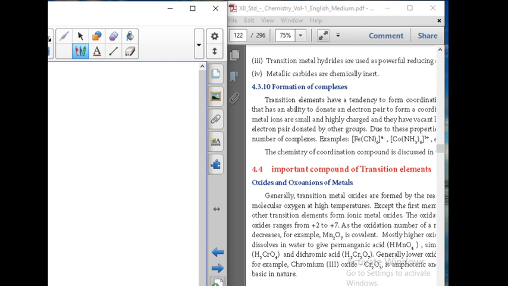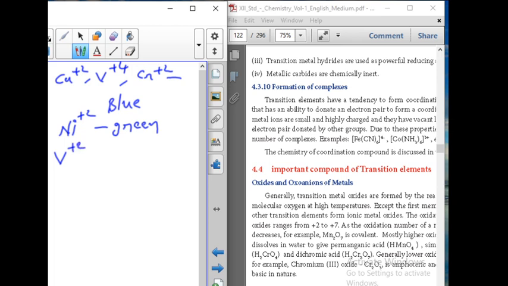And some of the important colors we have to memorize: copper +2, vanadium +3, vanadium +4, chromium +2, these are blue color. Nickel +2 is green. Already I told you Fe +3 is yellow and Fe +2 is green color.